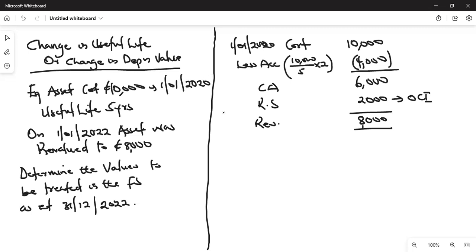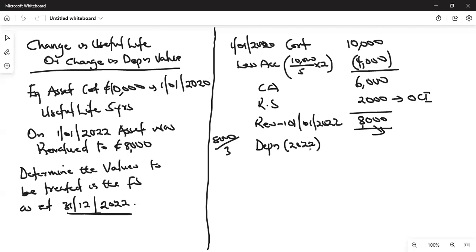Yes, who else? The revaluation was done on 01/01/2022. If you are supposed to prepare this for this year, you need to calculate the depreciation on the 8,000. You've done 2 years here, so the remaining life will be 3 years. Please find me the depreciation for 2022.